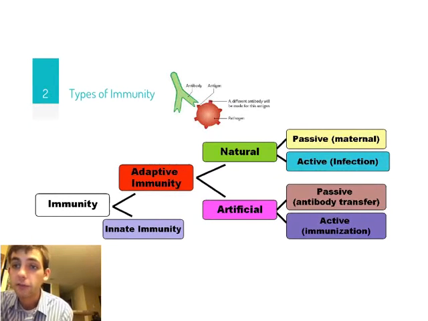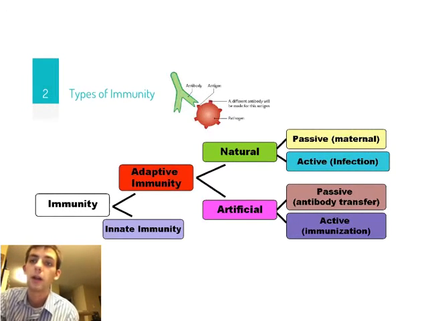And then an active version of artificial adaptive immunity would be immunization. That's pretty much taking a vaccine, a dead or a live pathogen in a small dose, and injecting that into an individual. So again, three main types of immunity: innate versus adaptive, and then you should further be able to break down adaptive into passive and active, depending on if we're talking about a natural adaptive immunity or artificial.